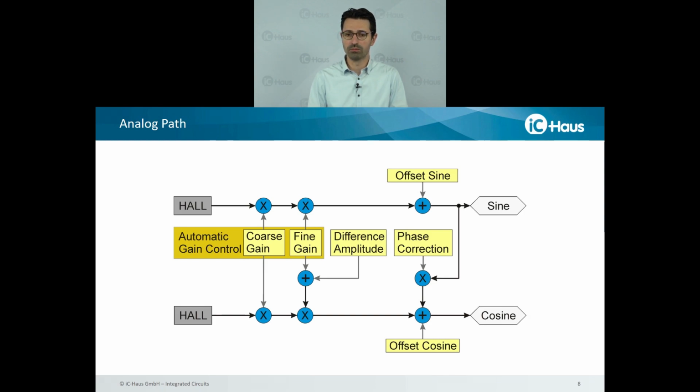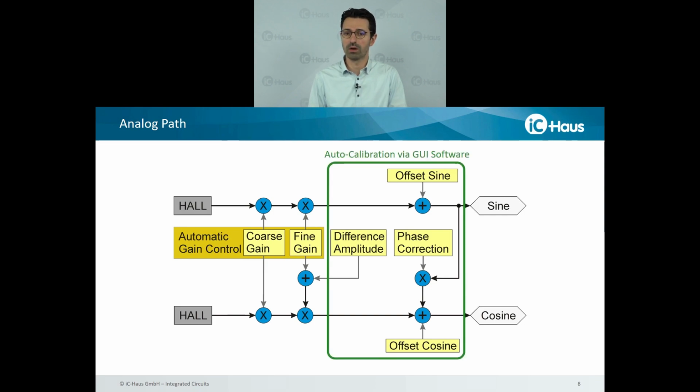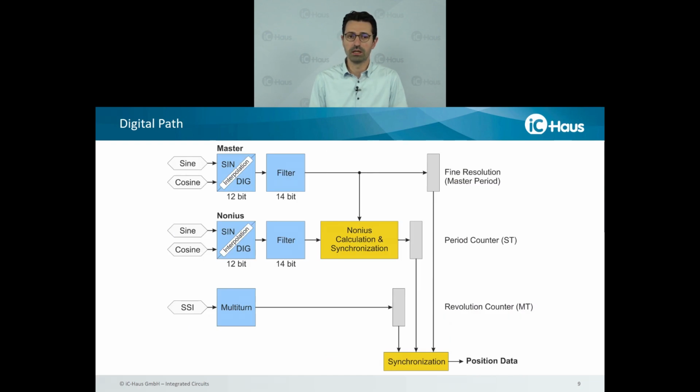So we can adjust them in the difference amplitude. We can correct the phase between sine and cosine, or add an offset in sine or cosine. This is also done by an automatic calibration via our GUI software. After this analog signal conditioning, we will have perfect sine-cosine signals, and these signals go into an interpolation circuit.